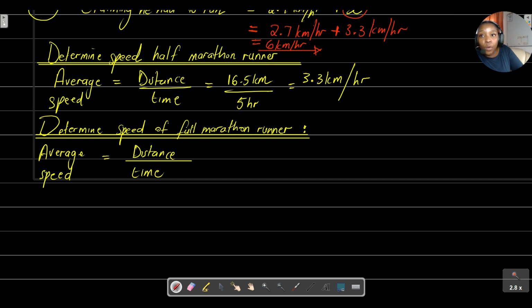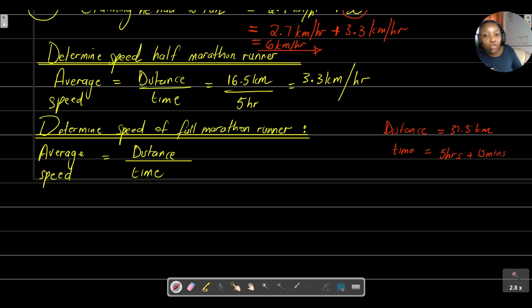Remember, we were given that the distance for the full marathon is 31.5 kilometers, and the time is equal to 5 hours and 15 minutes.